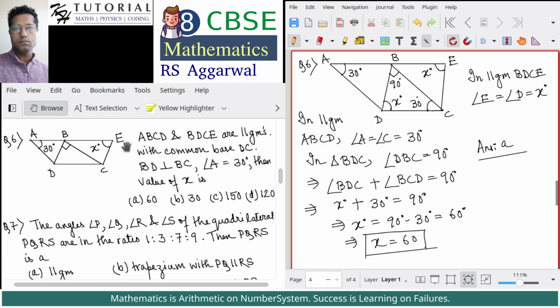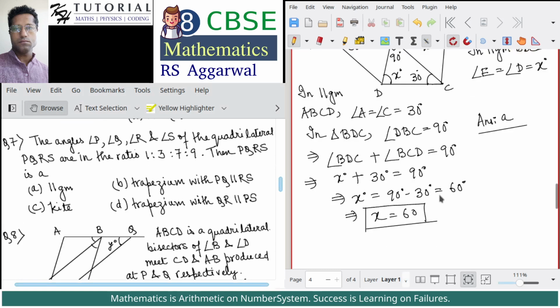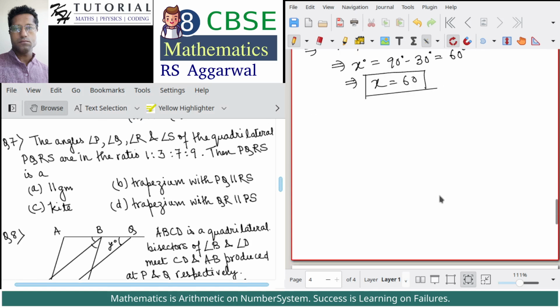Okay, let's do question number 7. The angles P, Q, R and S of the quadrilateral PQRS are in the ratio 1:3:7:9. Then it is asking what is the structure of the quadrilateral PQRS?